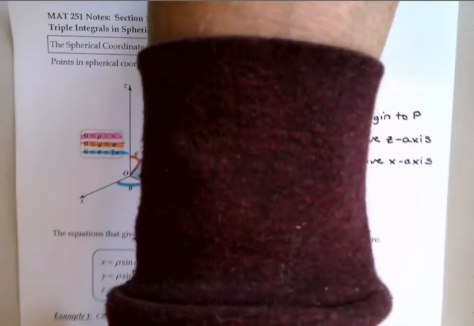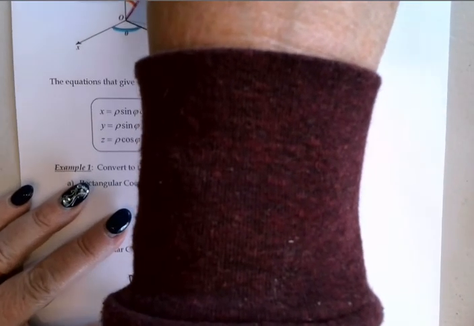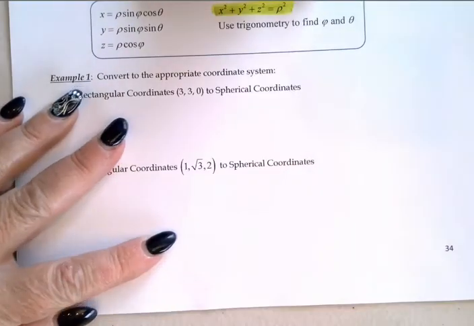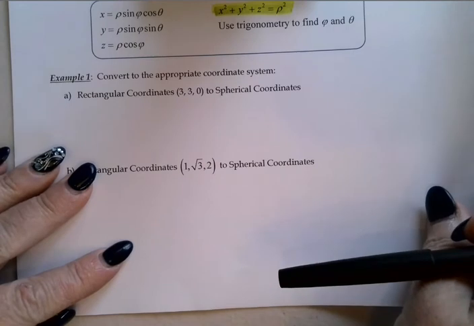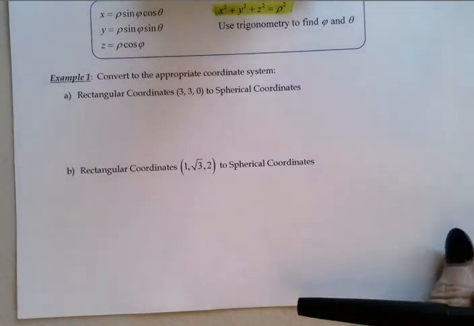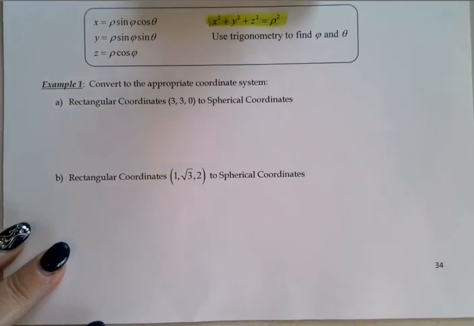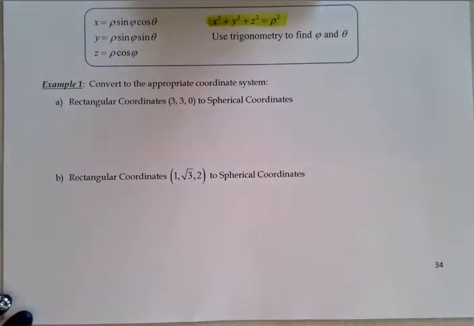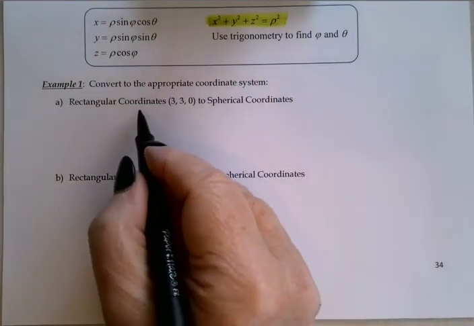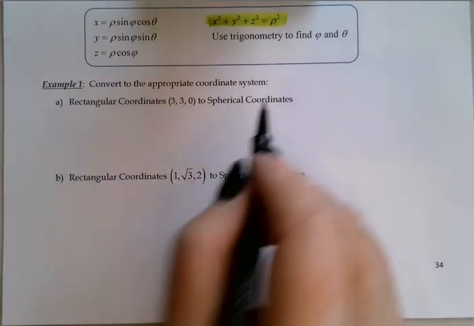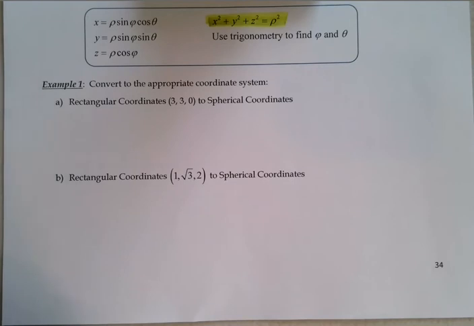All right, we're going to start with just some conversion problems. Make sure my equations stay up here. All right, first of all, we want to take our rectangular coordinates, 3, 3, 0, and transform those to spherical coordinates.